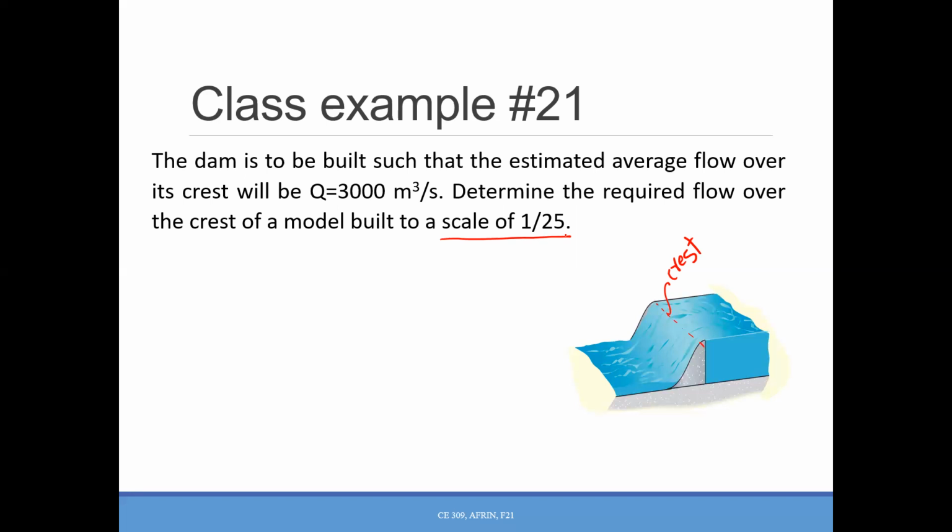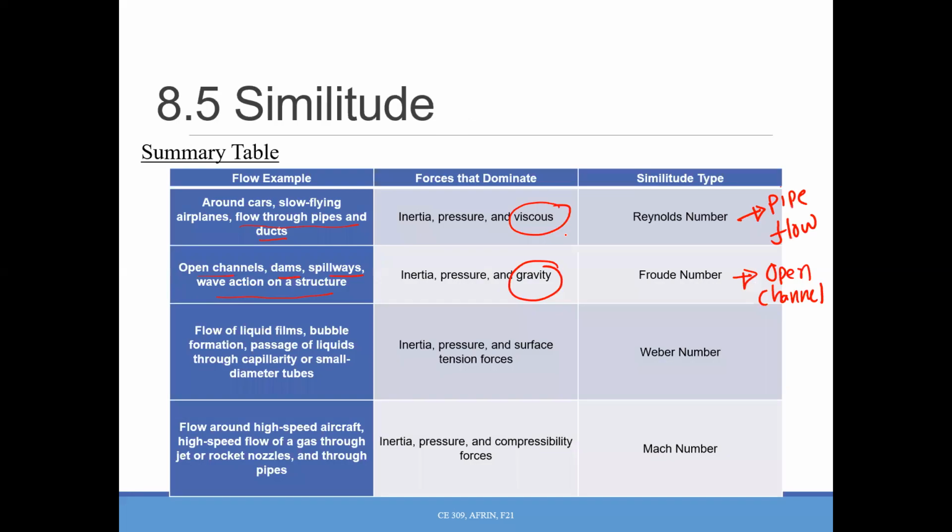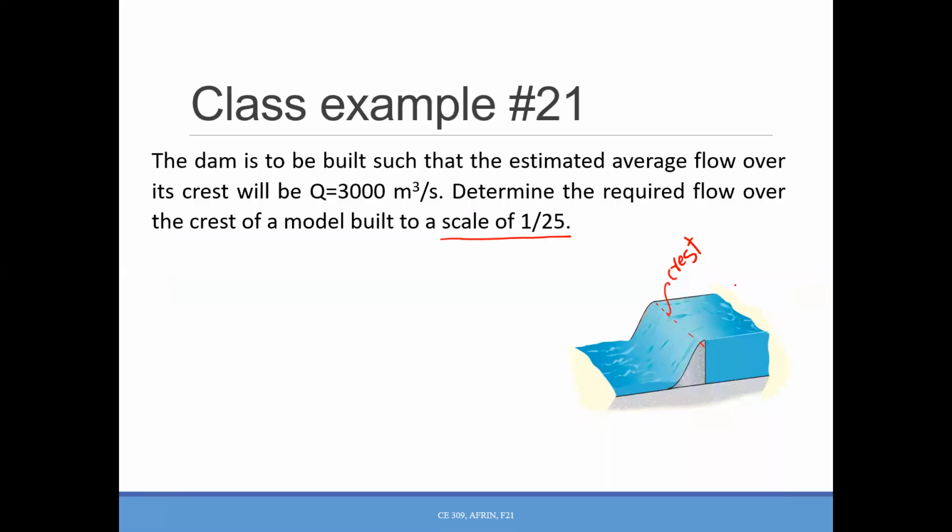Okay, since this is a dam and it's an open channel flow, we can go back to this table and see open channel, dam, spillway, wave action on the structure. We need to use the Froude number for the model and the prototype, and they should be the same. Only then can we say that the result can be replicated from the model to the prototype.